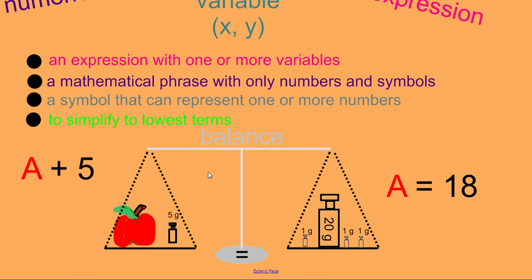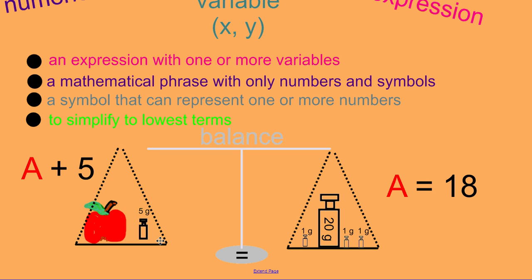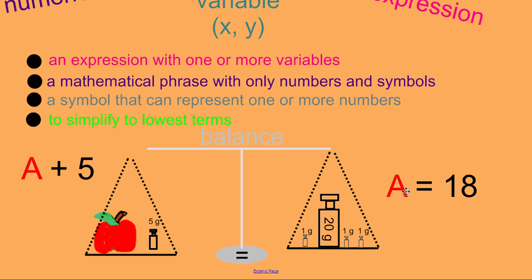Here we have a balance beam, and it is perfectly balanced, which means that both sides are equal. This would be a type of equation that we could write whenever there's an equal sign. But if we just focused on one side, and we knew that the apple was equal to 18 grams, we could solve for the total weight of the apple plus our little gram piece here.